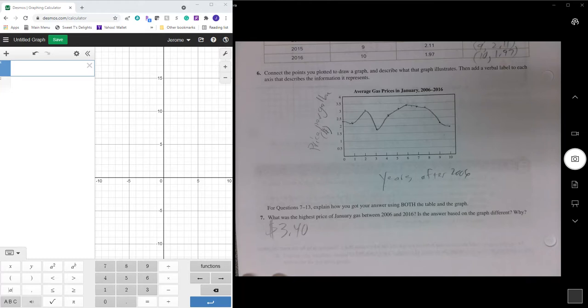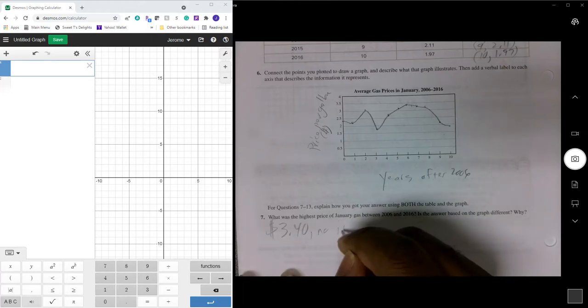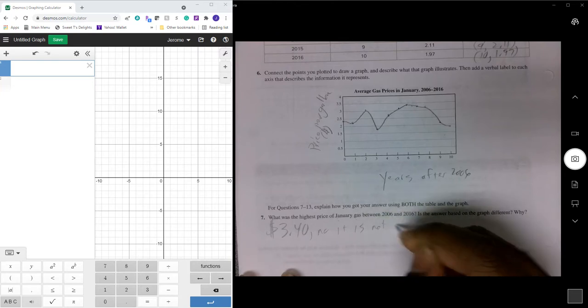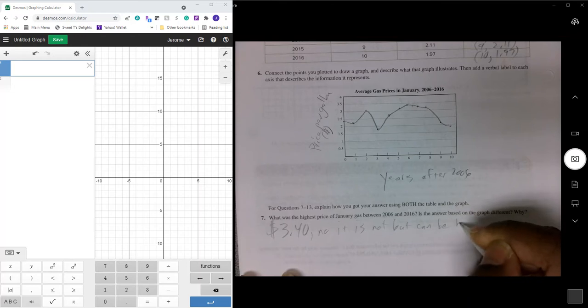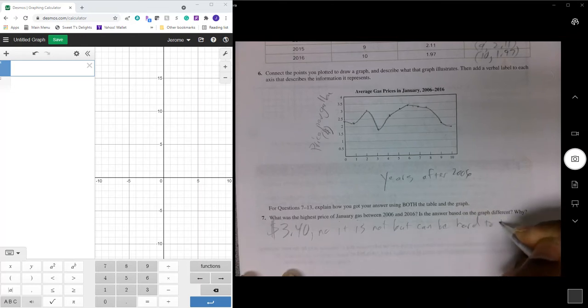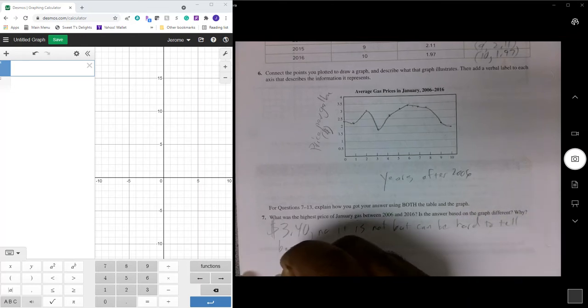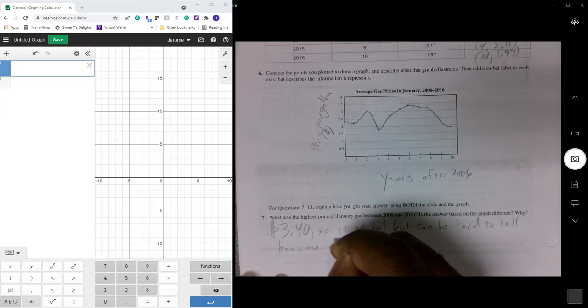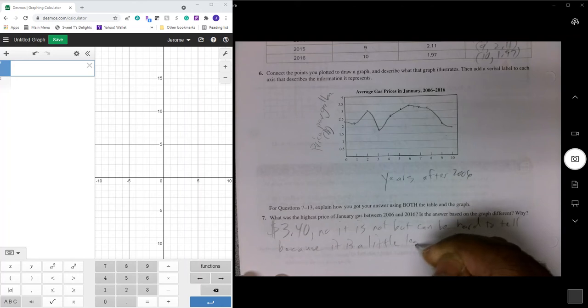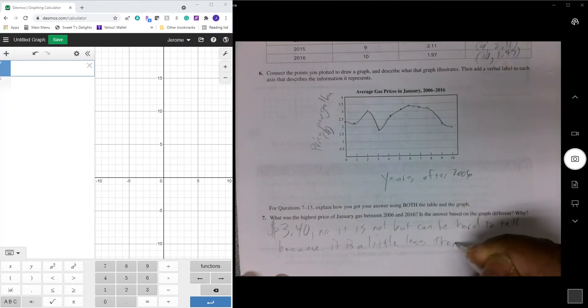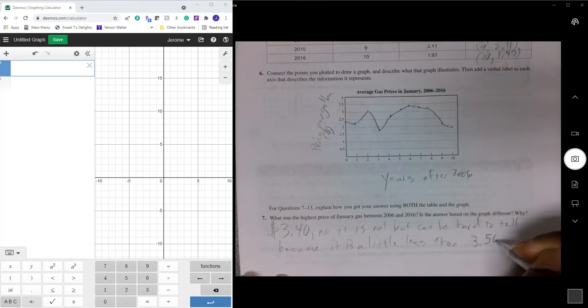Okay, it says is the answer based on the graph different. No, it is not, but it can be hard to tell because it is a little less than $3.50.